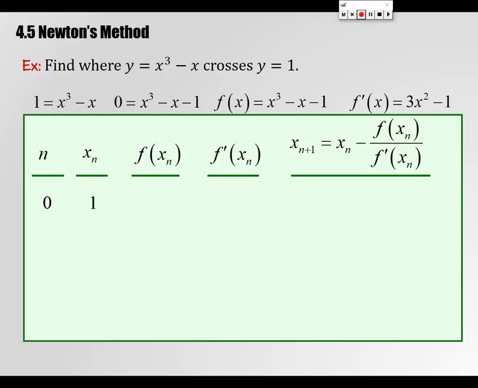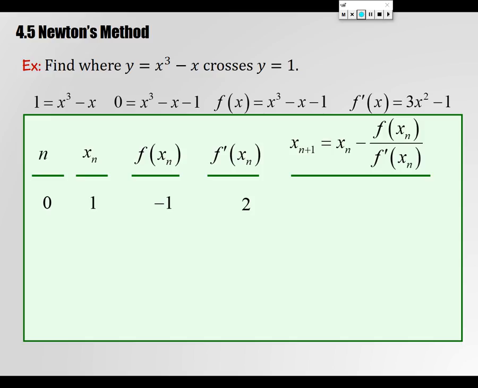Now you can see that we have lined up here the things we need. We need f of 1, which is negative 1: 1 cubed minus 1 minus 1. We also need f prime of 1. What's that going to be? 2. And then we also need our next guess.